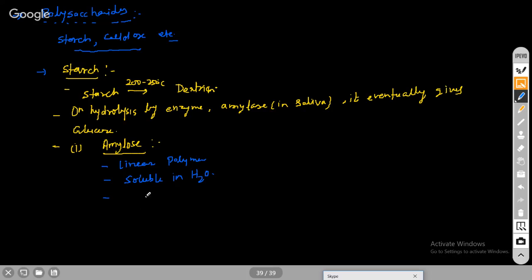It is composed of alpha D glucose unit, by glycosidic linkage present between C1 and C4 carbon atom.